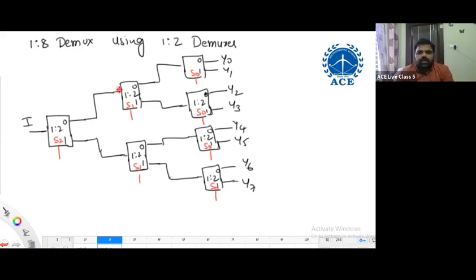See, after implementing this, you may be getting an opinion: why are we discussing demultiplexer separately unnecessarily? Whatever logics we have used on multiplexer are applicable for demultiplexer also.